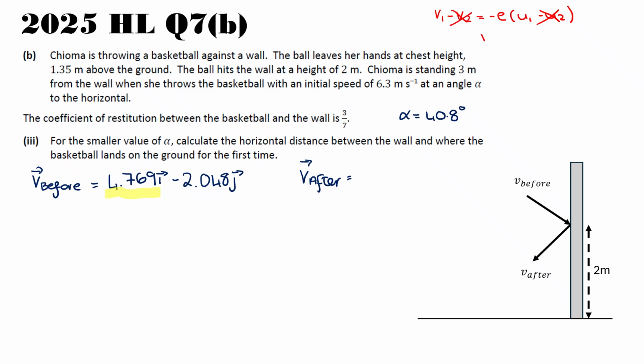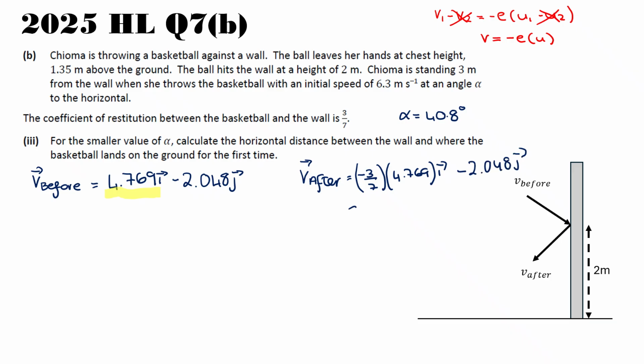Basically we get the velocity after is minus e times u, the velocity before. So we take our velocity before, 4.769, and multiply that by minus 3 over 7. So we have minus 3 over 7 times 4.769, and that's going to be my i, and then the j does not change.